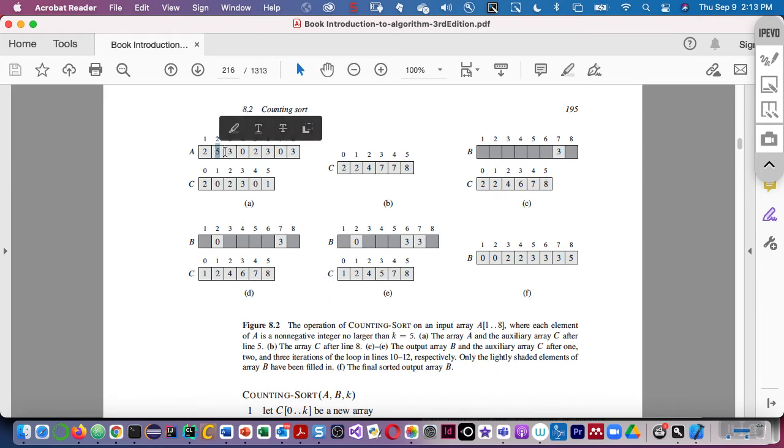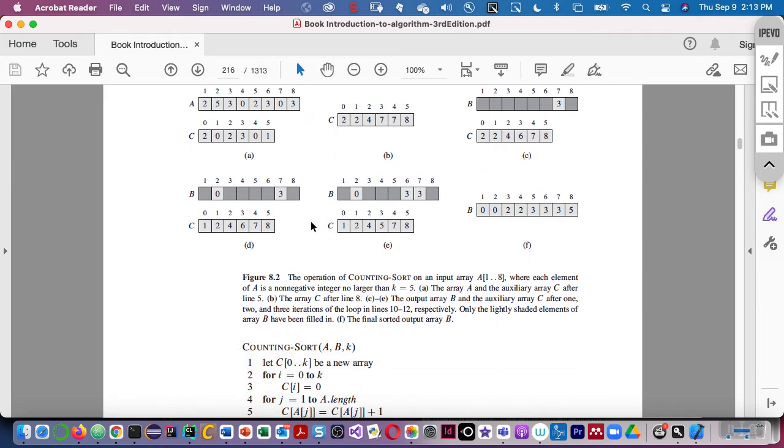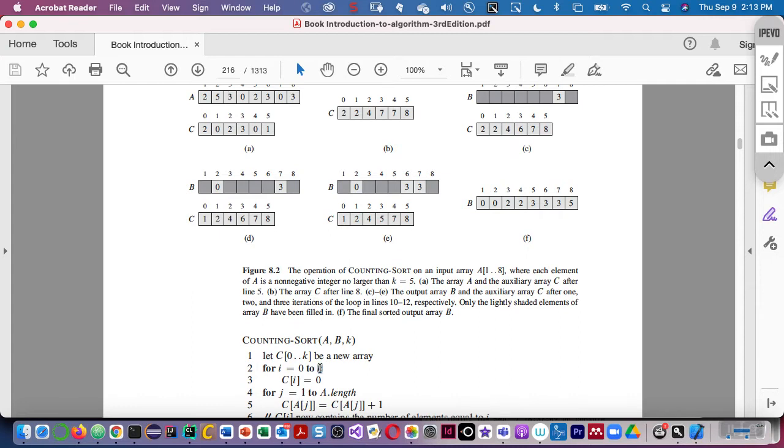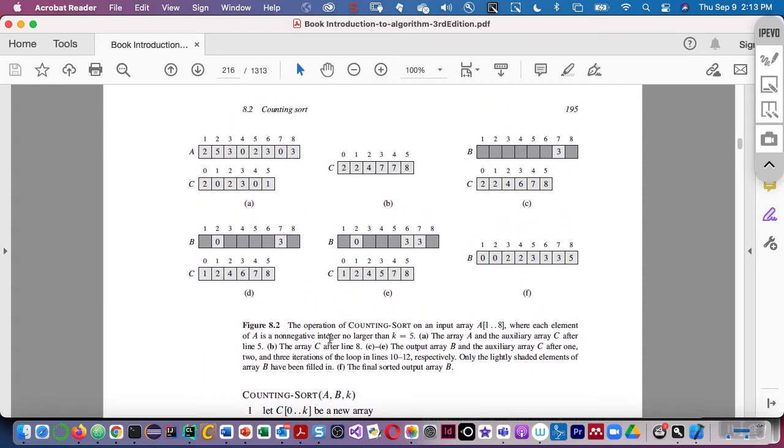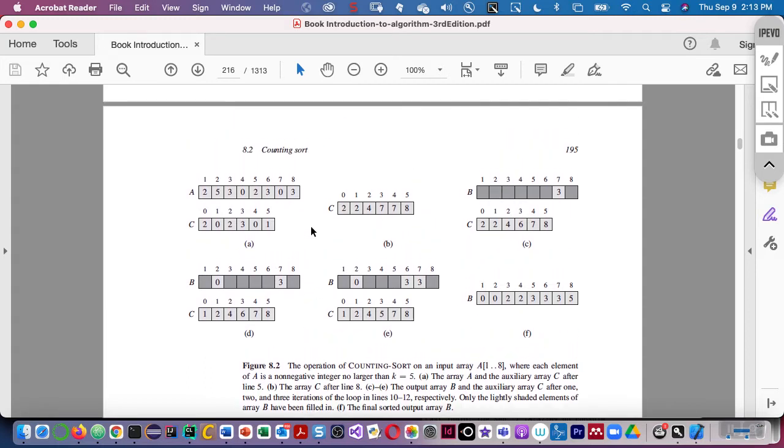This maximum number, we will call k. So in our program, k is the highest element in the given array, the largest element. For now, let us consider that these numbers are whole numbers and positive, with no negative numbers. If there are negative numbers, we need to do some extra operations to work with them.